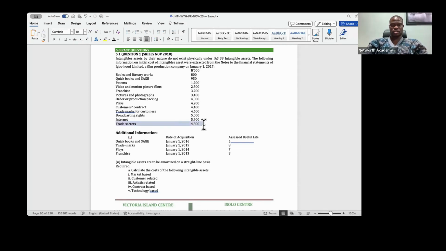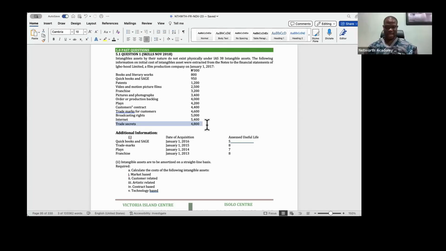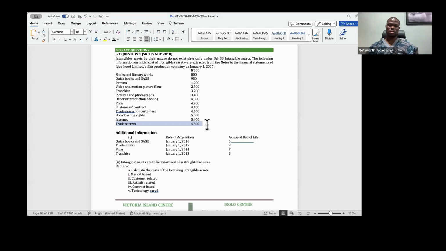What about trade secrets? Like if you have a secret recipe that nobody knows except you, that's your trade secret. Something that you are using. Market based. Is that not technology? It cannot be technology, a trade secret.